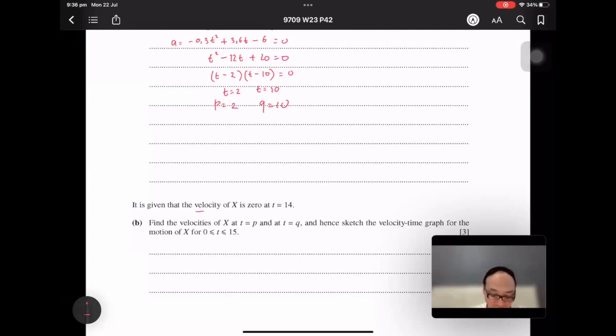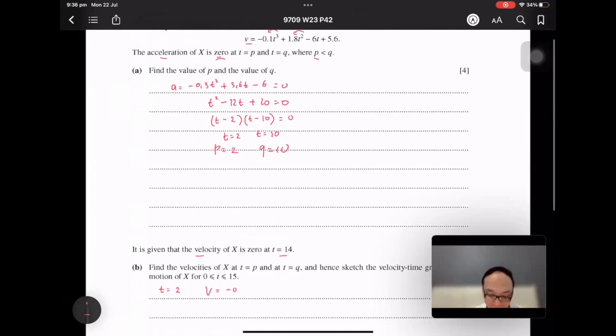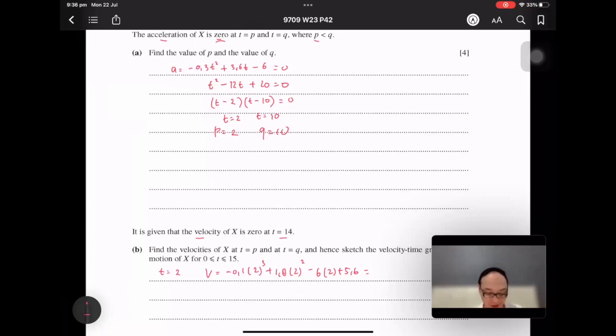The velocity at t equals p: when t equals 2, you just substitute into the equation, negative 0.1 times 2 cubed plus 1.8 times 2 squared minus 6 times 2 plus 5.6, which equals negative 0.1 times 8 plus 1.8 times 4 minus 12 plus 5.6, which is 0.